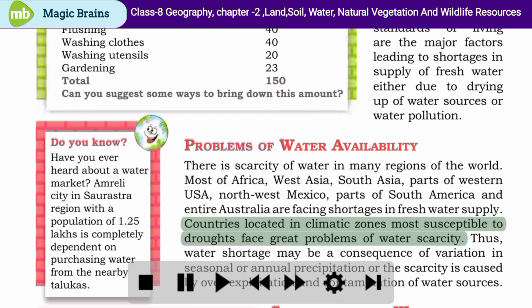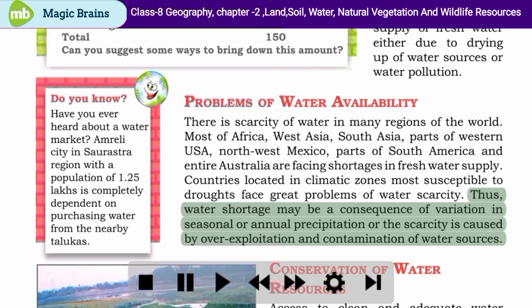Countries located in climatic zones most susceptible to droughts face great problems of water scarcity. Thus, water shortage may be a consequence of variation in seasonal or annual precipitation, or the scarcity is caused by over-exploitation and contamination of water sources.